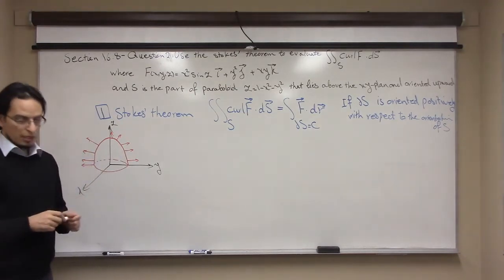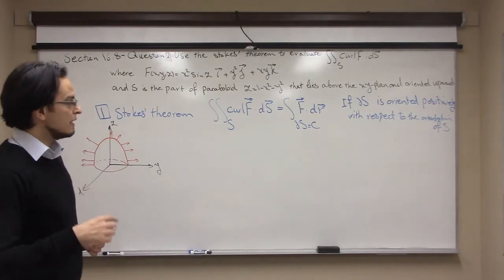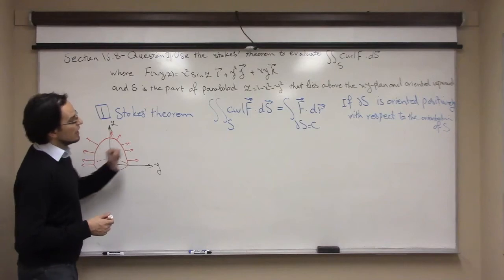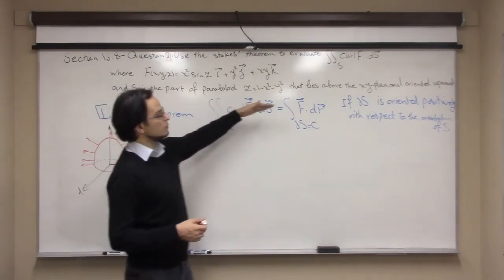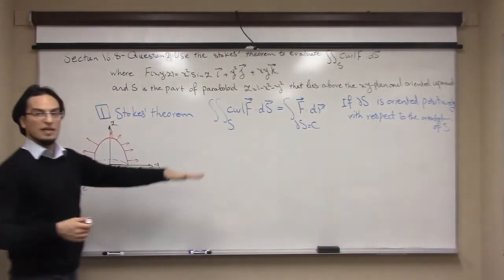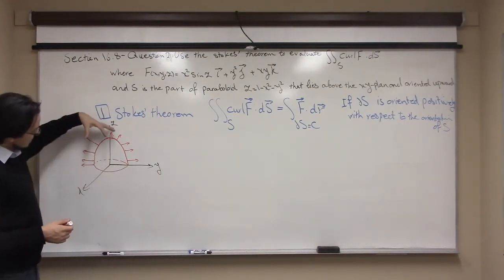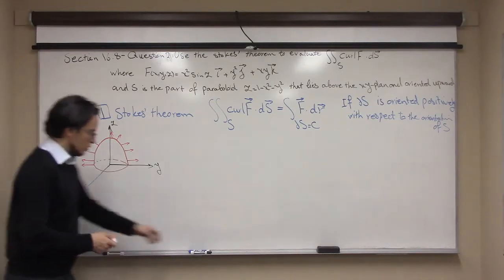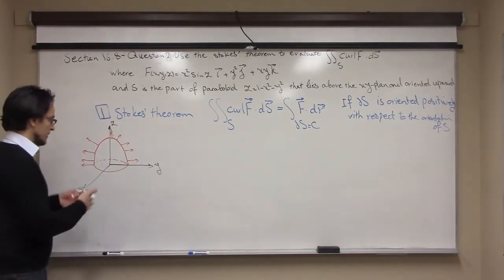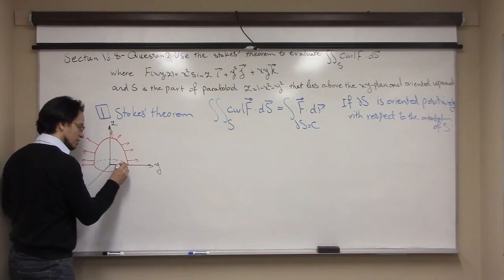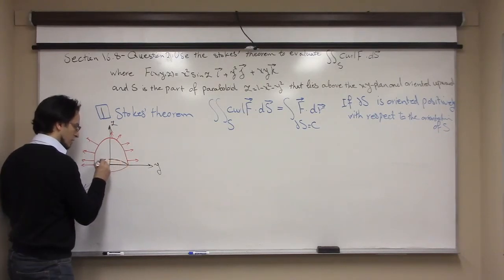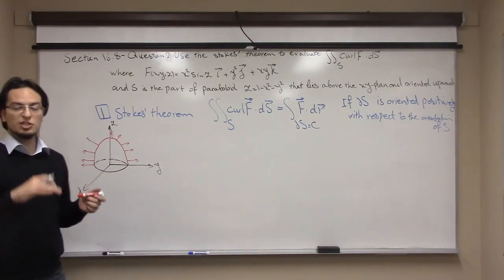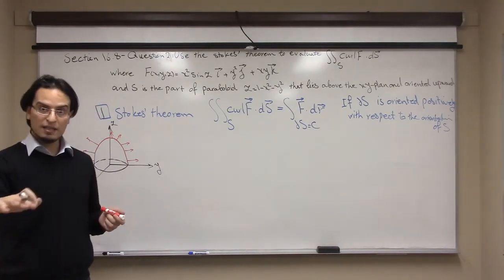Okay. Now, the first thing is to see what the boundary of this surface is. It says it's just the part of the paraboloid which is above the xy plane. So our surface comes down up to the xy plane. So the boundary is going to be the intersection of the paraboloid and the xy plane.